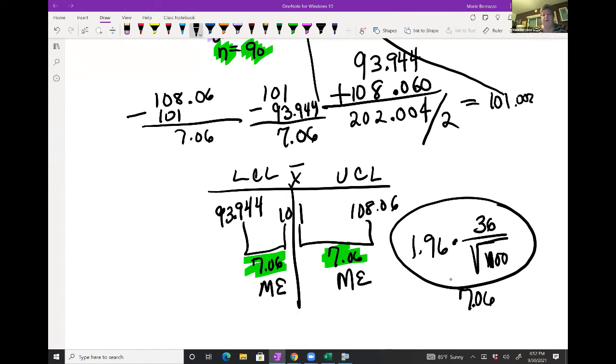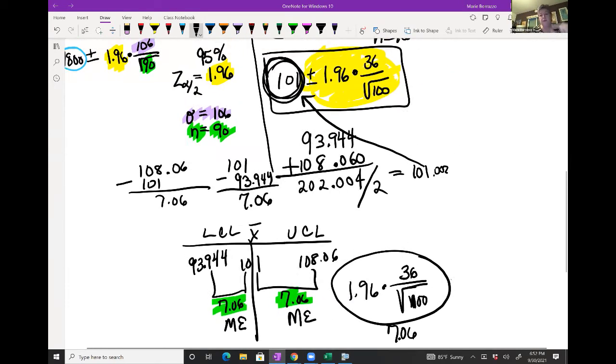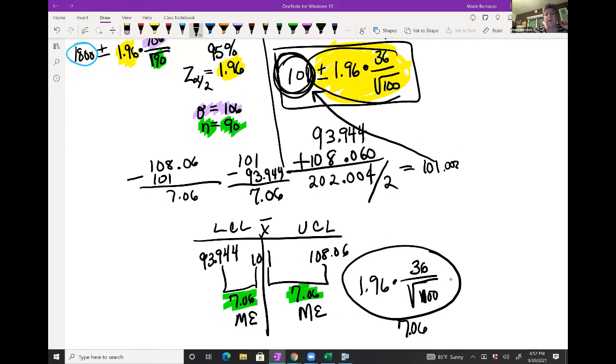So it's the mean, if you recall the formula, the mean plus or minus that. Hence what we just did here, the mean plus or minus that number. Is that making sense? Yeah, that makes sense. And that's why the numbers are where they are.